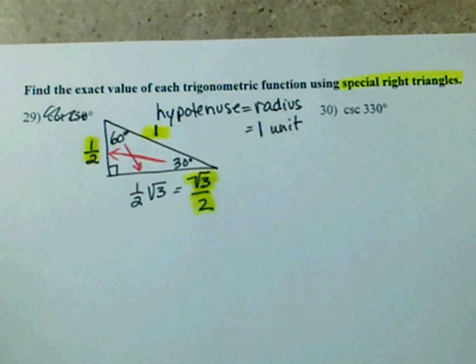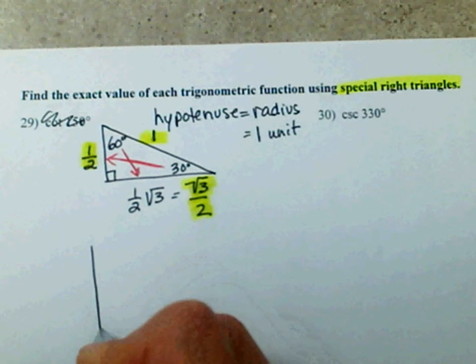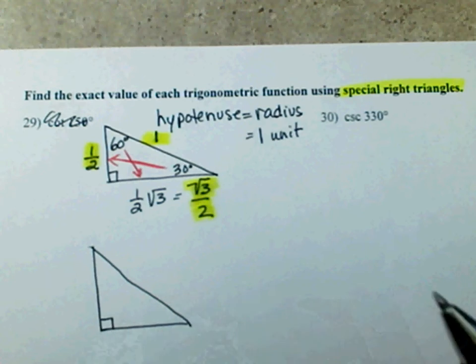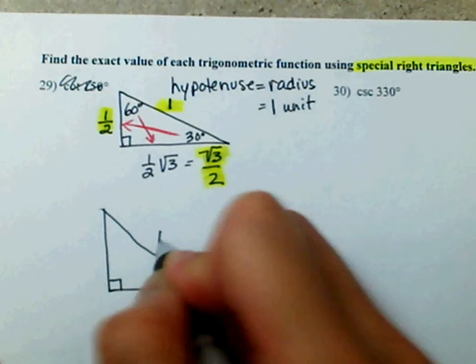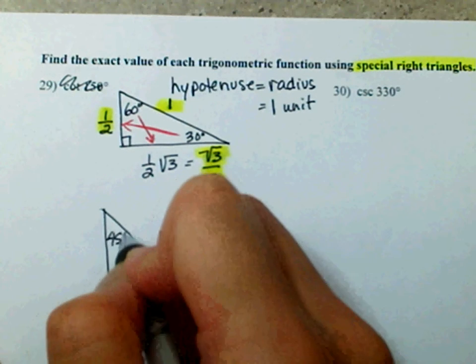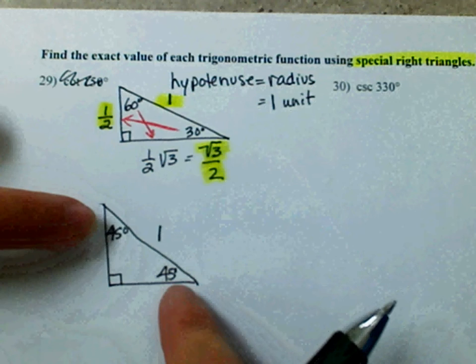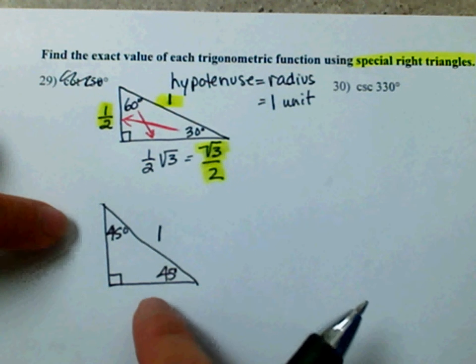Next triangle is going to be your 45-45 that you need to know. Radius is a 1. 45-45, same angle measurement, then the lengths are the same. Okay? So this here will be square root of 2 over 2, square root of 2 over 2.